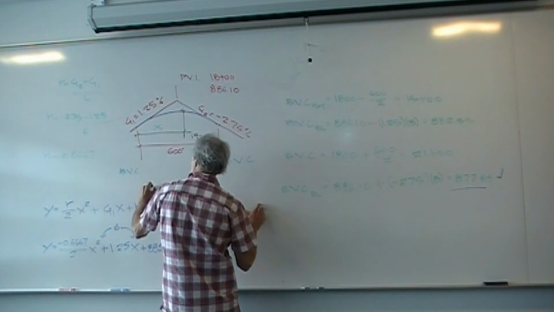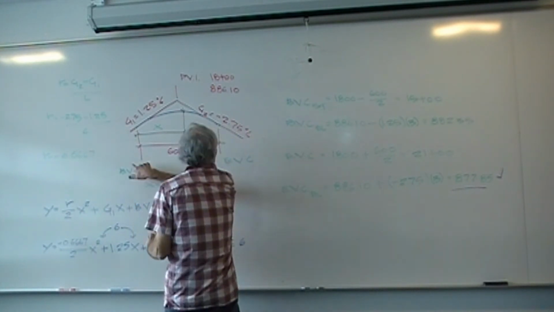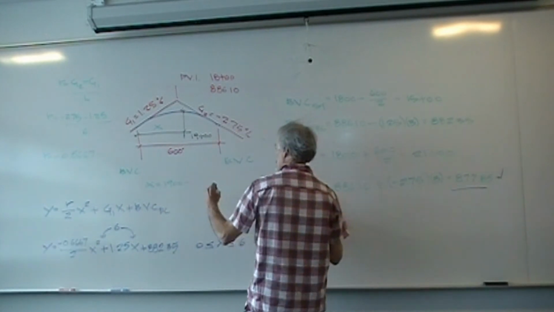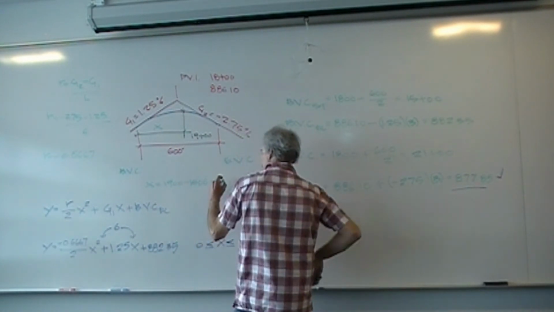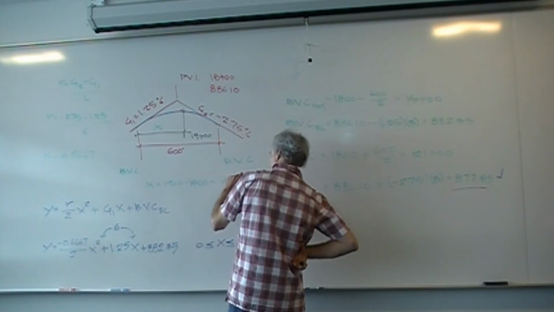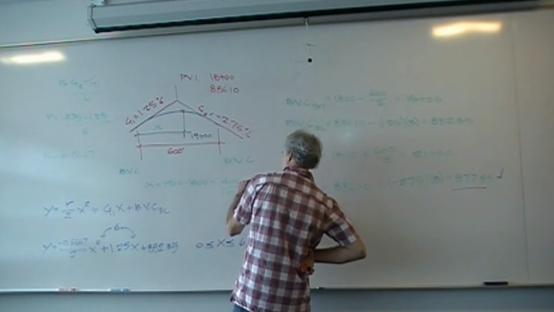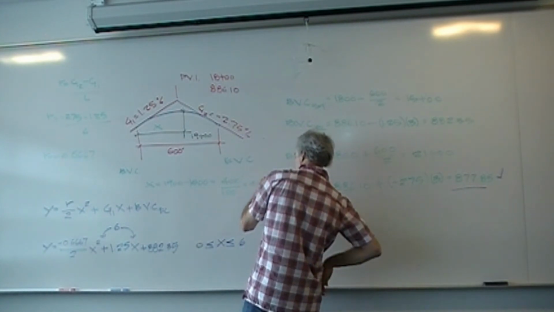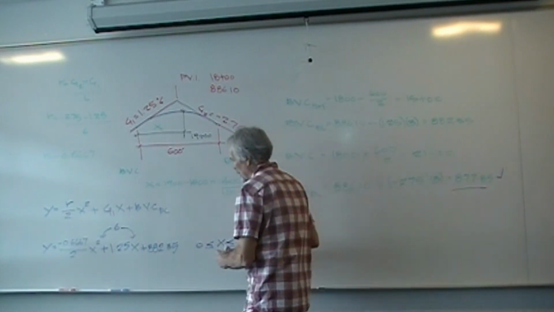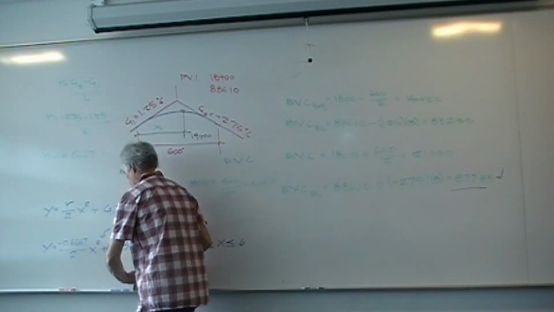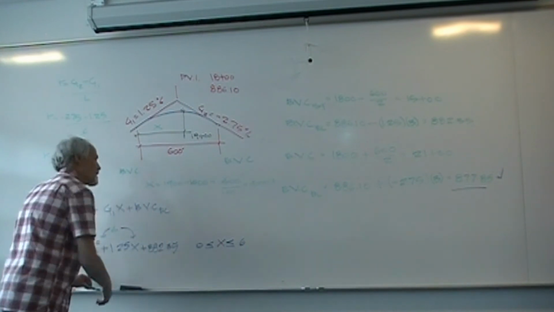So x in that case would be 19 minus the VBC, which is 15. That gets us 400 feet. Dividing that by 100 gives us 4 stations. So we would plug 4 stations into here, and that will give us the elevation of that parabola.